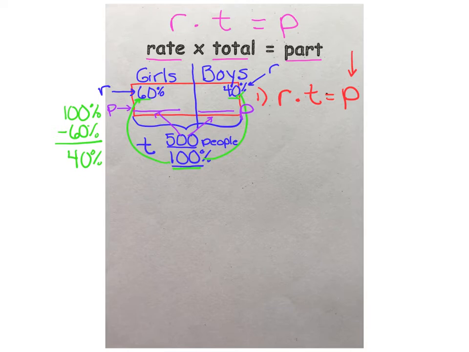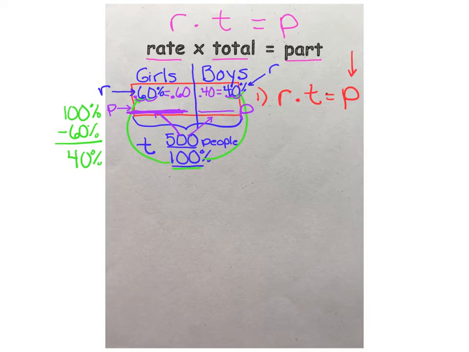We're currently given the rates as percentages, but let's convert them to decimals: 0.60 representing the girls, and 0.40 representing the boys. Depending on what you're looking for, it will determine which of those two rates you're going to use. Let's say we want to start with figuring out how many girls there are.